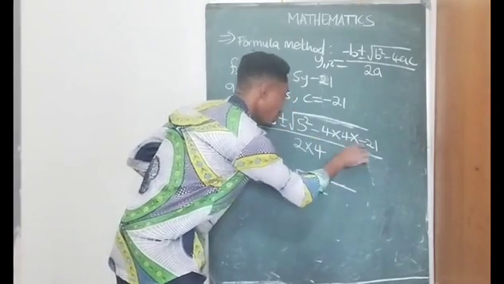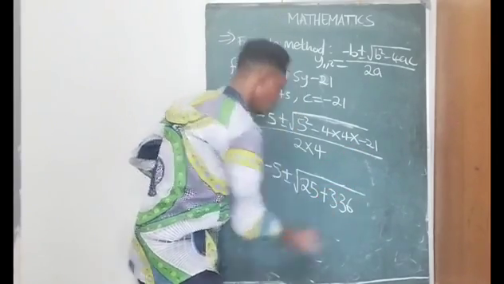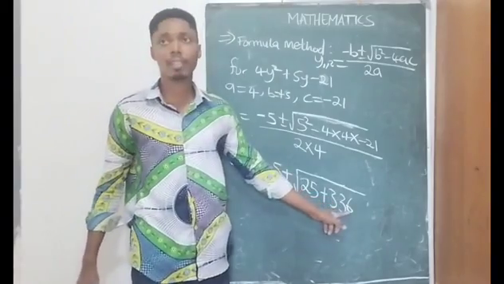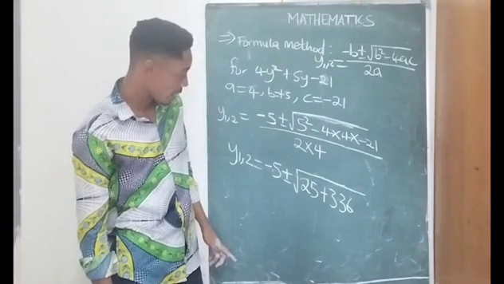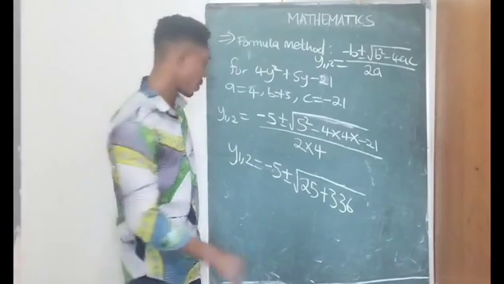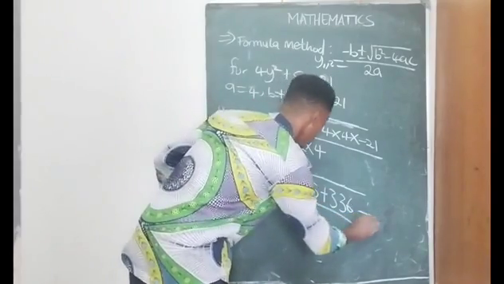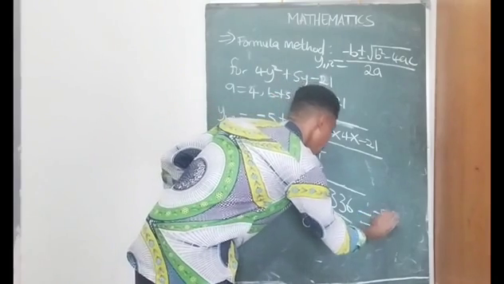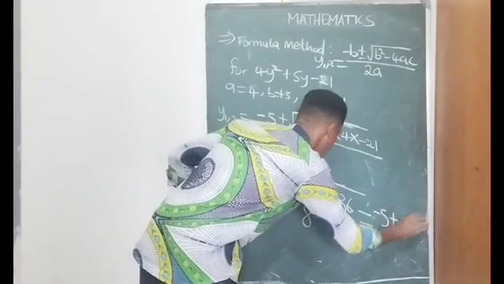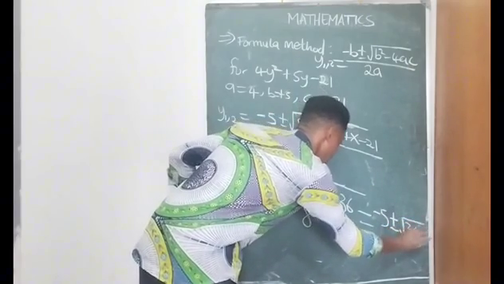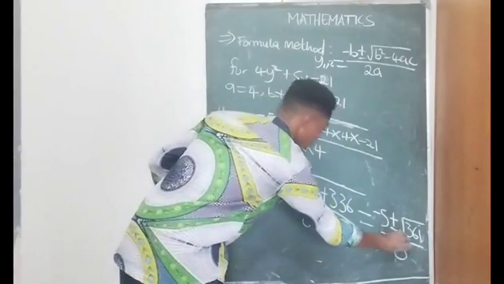Because minus times minus is plus, that's plus 336. 25 plus 336 gives you 361. So moving forward, 2 times 4 is 8. This equals minus 5 plus or minus the square root of 361 all over 8.